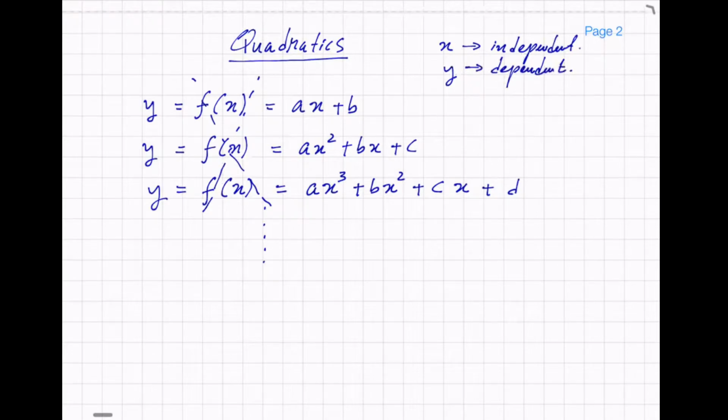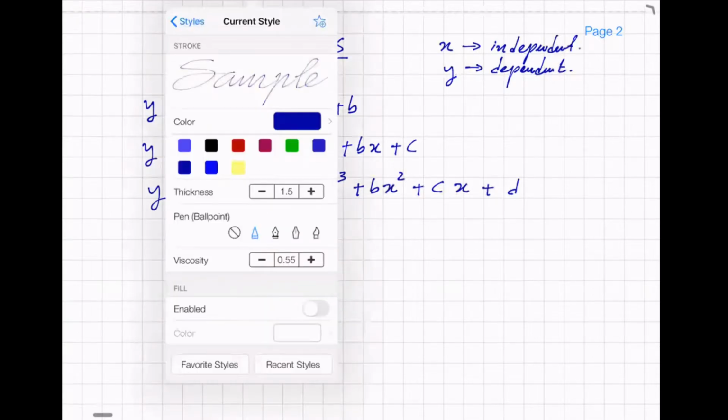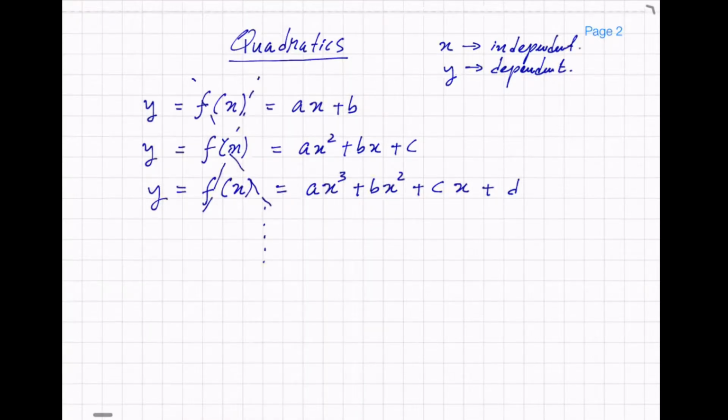Now we will look into the maximum power of the independent variable. Power here means the power of the variable.